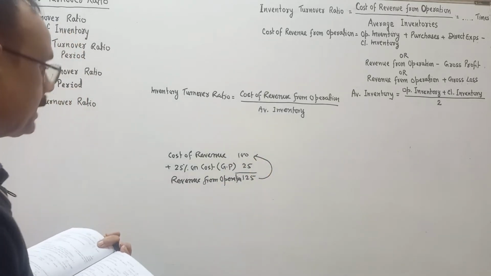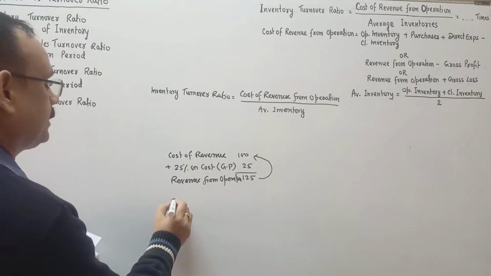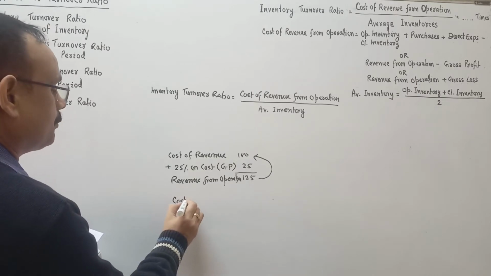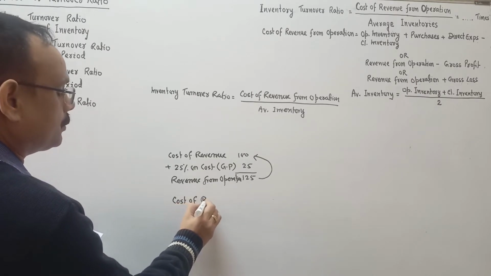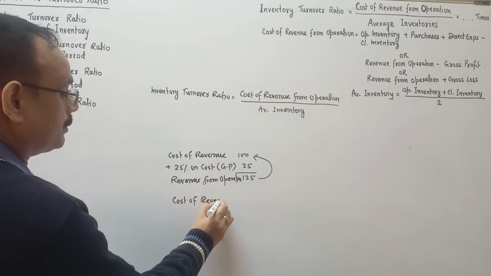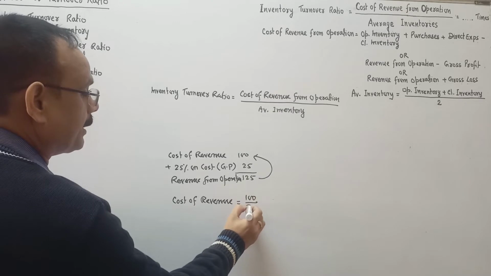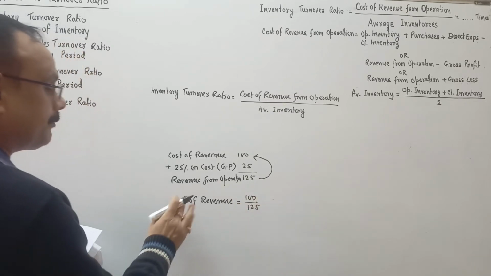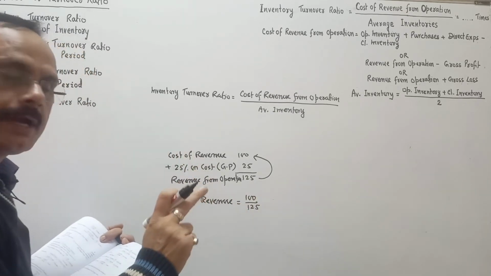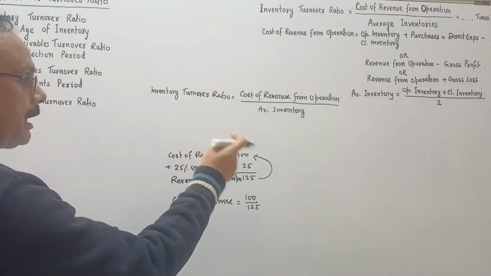And here revenue from operation is given. So cost of revenue is equal to 100 upon 125. When the revenue from operation is 125, cost is 100.